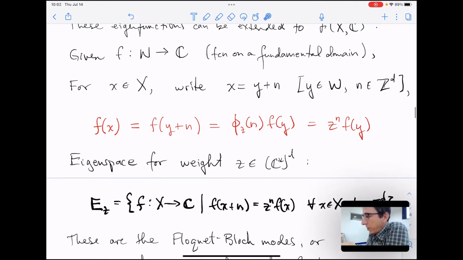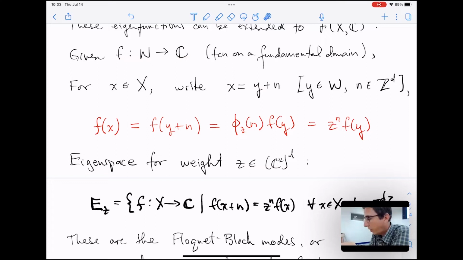What I want to do is start off by defining the values of f on just a fundamental domain. On one point of each orbit, I define what I want the f to be. Then I define f at every other point by shifting that y by n and multiplying by the character. So all you're doing is putting that homomorphism at every one of the orbits and scaling it by a particular value.